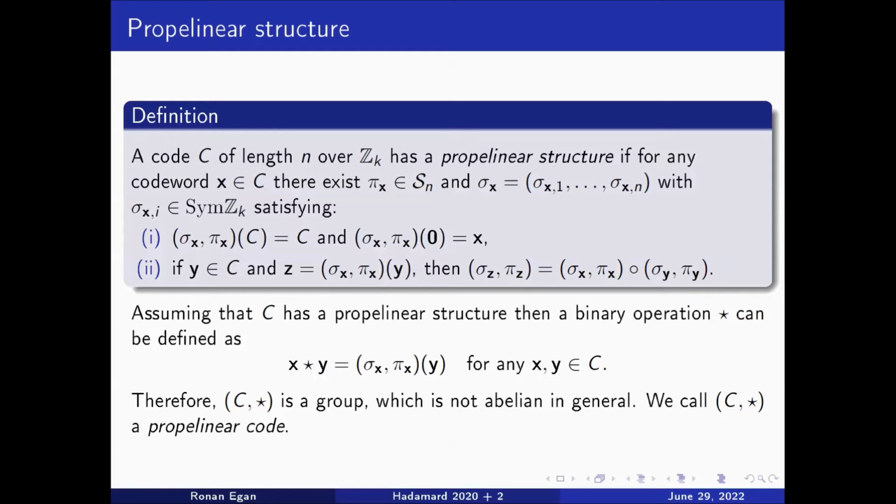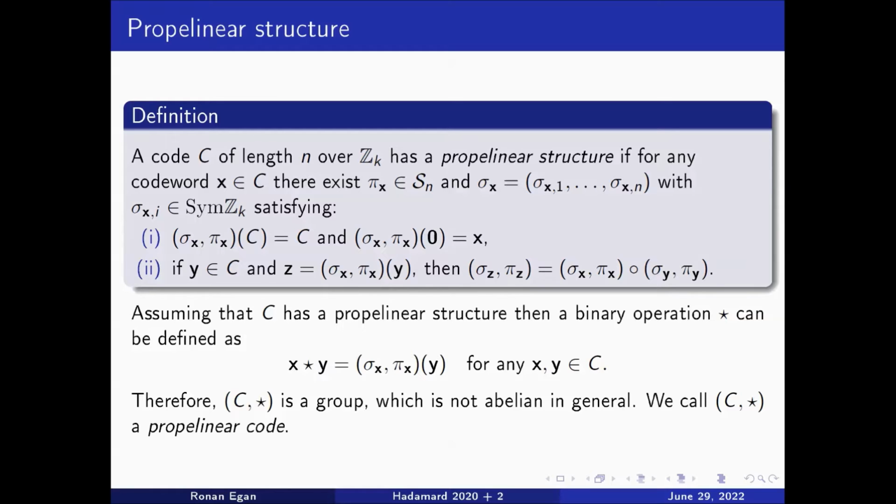So this generalizes linear codes in the sense that if you were to take the isometry associated with x to be equivalent to just adding the vector x to whatever it's acting on, and if you treat the pi, this permutation of the coordinates, as being trivial, just always the identity permutation, then what you're left with is a set of code words that have an additive structure.